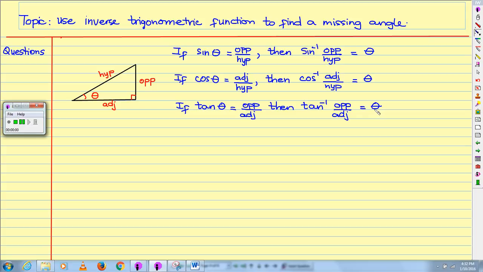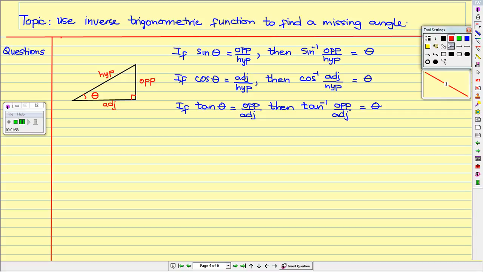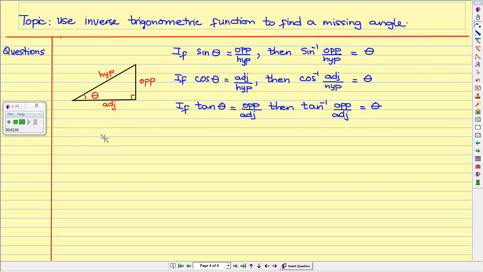Now we are going to find the missing angle from this given triangle. So let me sketch the triangle first. In this triangle, this is a right triangle.